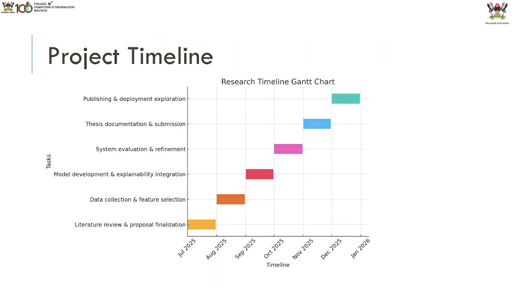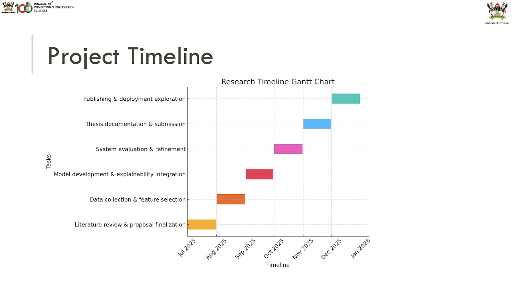This is the project timeline. By July, I should have done all the literature review and proposal finalization. I should have finalized my proposal. By the end of August, I should have gathered all the data and selected all the features that I'll use for my model. By the end of September, I should have developed the model and integrated the explainability.